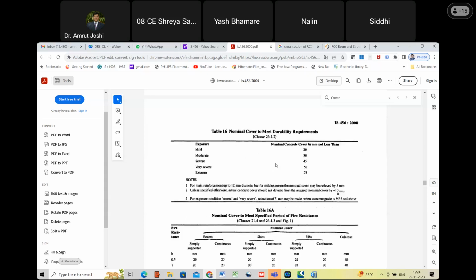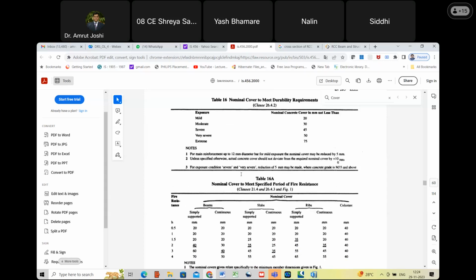So that is another requirement. So we have these requirements of covers from two criteria. One is durability, which is ingress of environmental degradants, and second is from fire resistance. And these two tables of IS code give you the minimum amounts of covers that we should provide. Are you with me? Yes, sir.